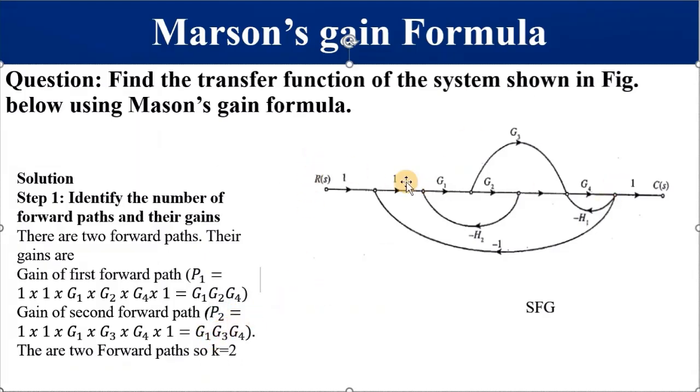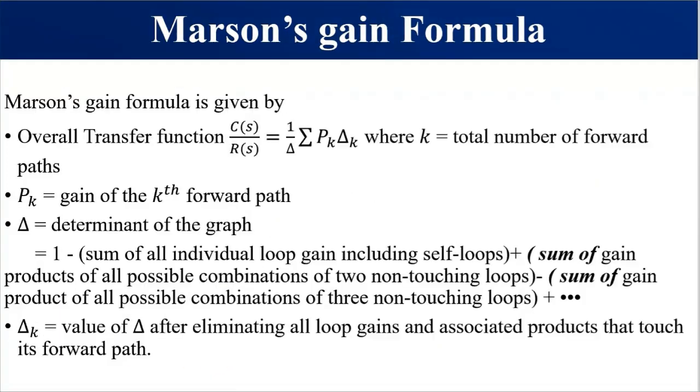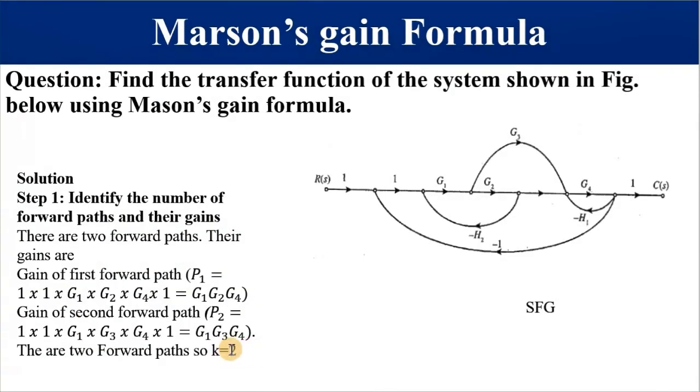You can say this is your first forward path and this is your second path. It doesn't change anything. This is 1 times G1 times G3 times G4 times 1. You are done. So that k in Mason's gain formula, which goes from 1 up to k according to the summation sign, is in this case equal to 2.